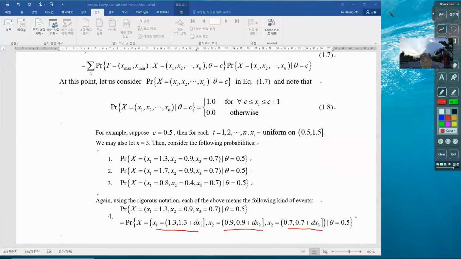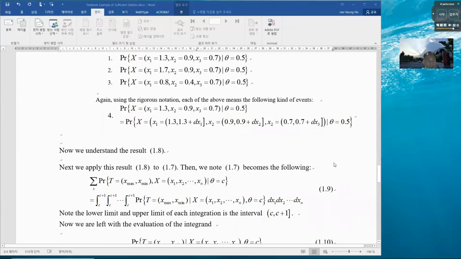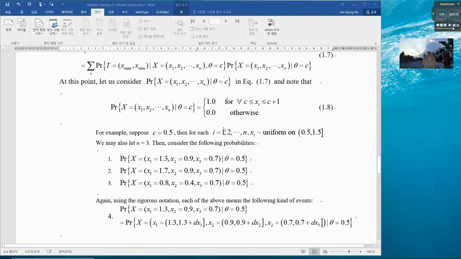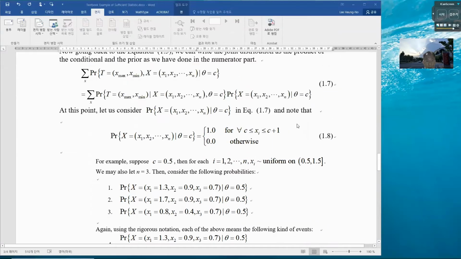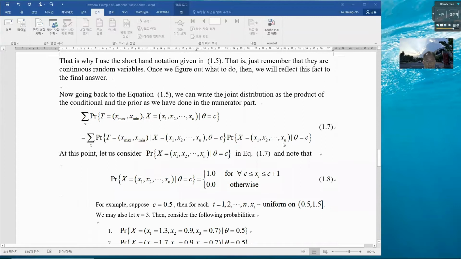But the results are the same. Now we understand the result 1.8. So we got the second part. It is 1 if each random variable has the sample within the interval from c to c plus 1. Otherwise, it is 0.